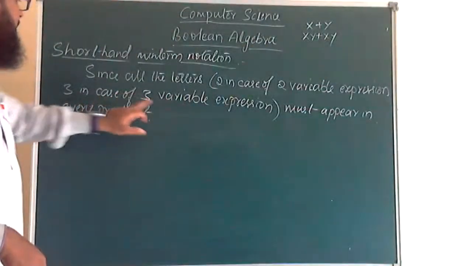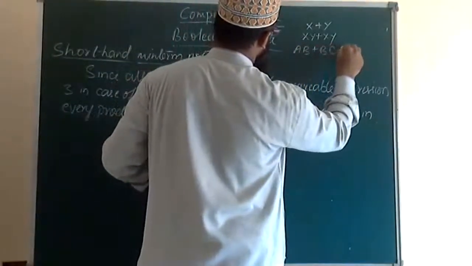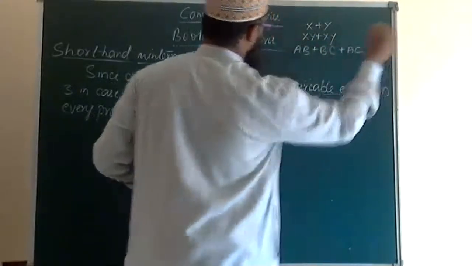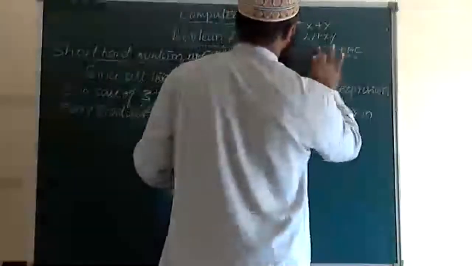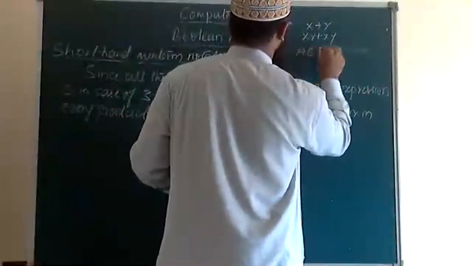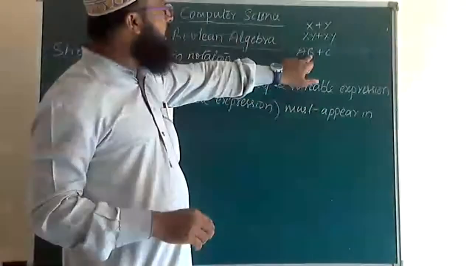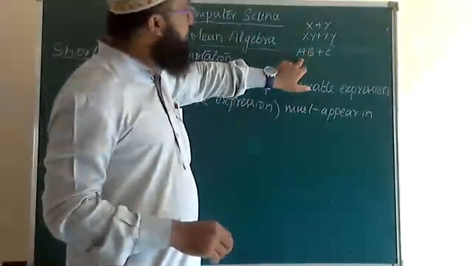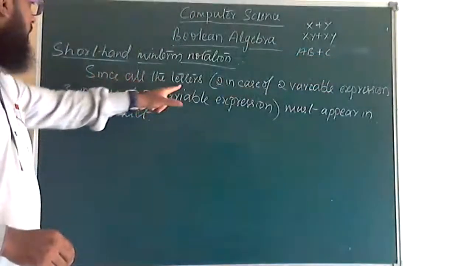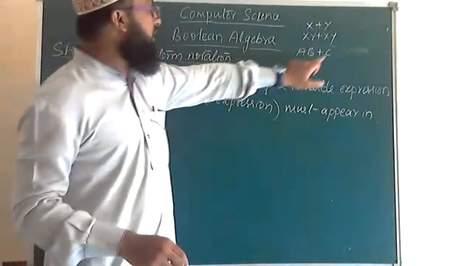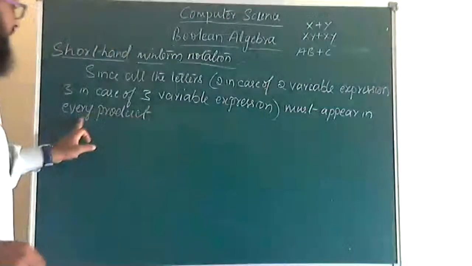Two letters must be present in every product. Then three in case of three variable expression, AB plus BC plus AC. This is a three variable expression, or we can write it like this: AB plus C. It is an expression but contains three variables A, B, and C. So the rule is that all the letters, A, B, and C, must appear in every product.